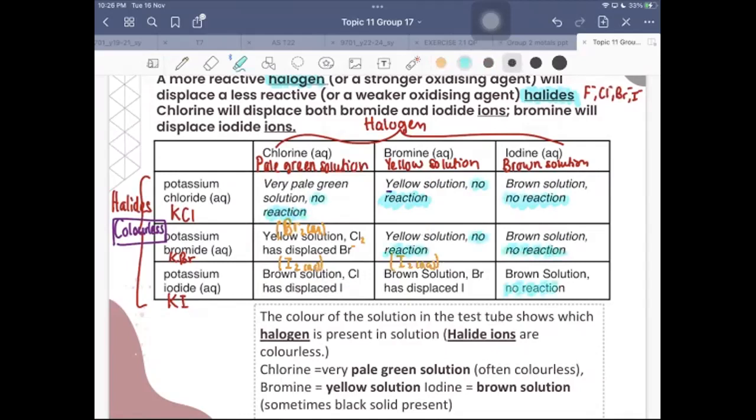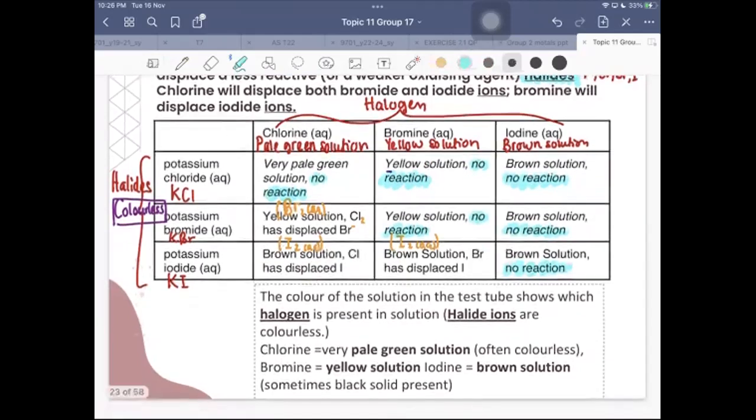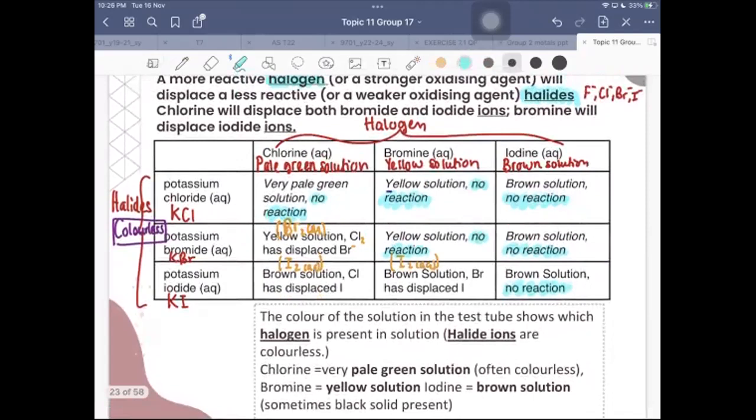Okay, so iodine is the weakest oxidizing agent and it does not displace any of the halides. Okay, so that should be everything that I want to explain on this table. If you want to copy down, please take a screenshot or pause this video.